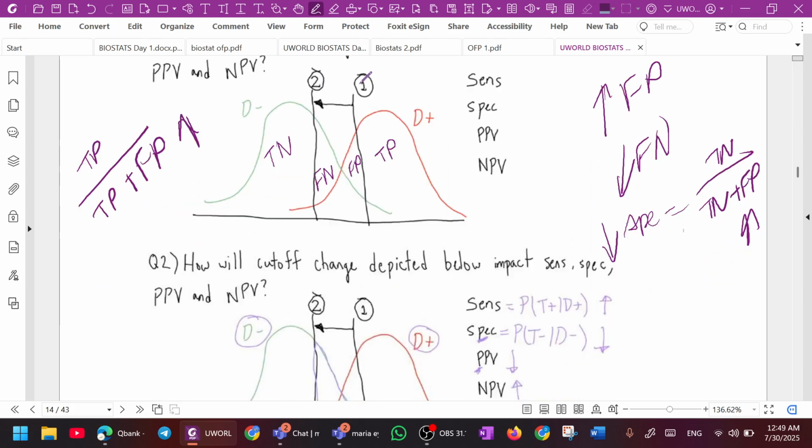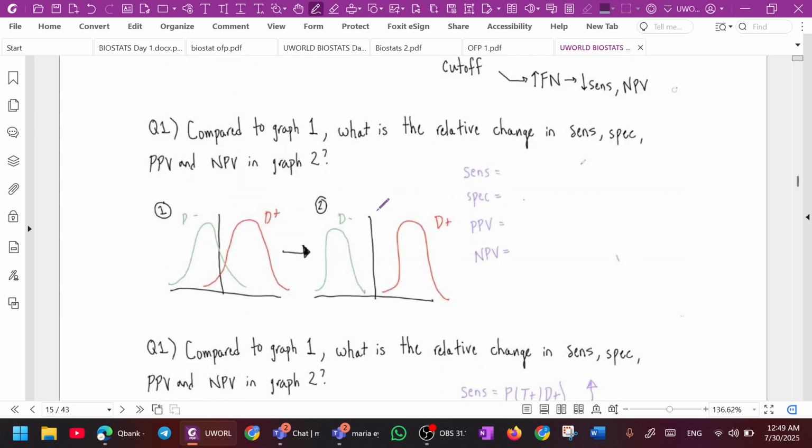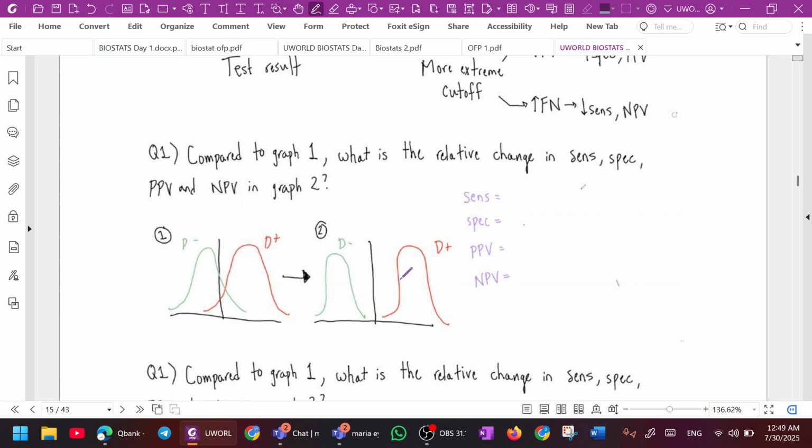In this graph, what is happening? They are going from 1 to 2, isn't it? The bigger one is true positive. Where do you want me to write it?